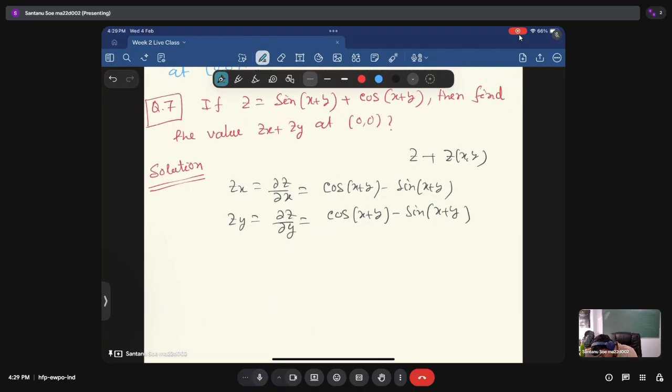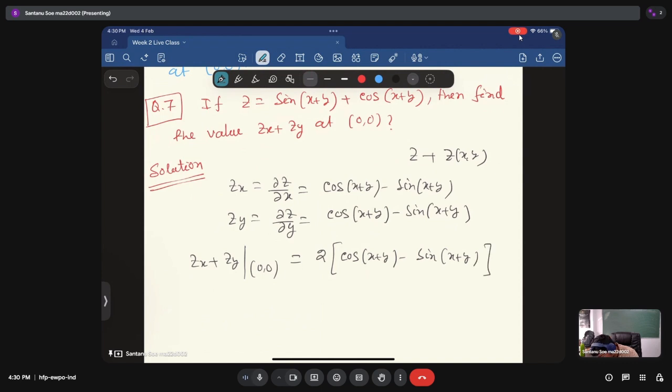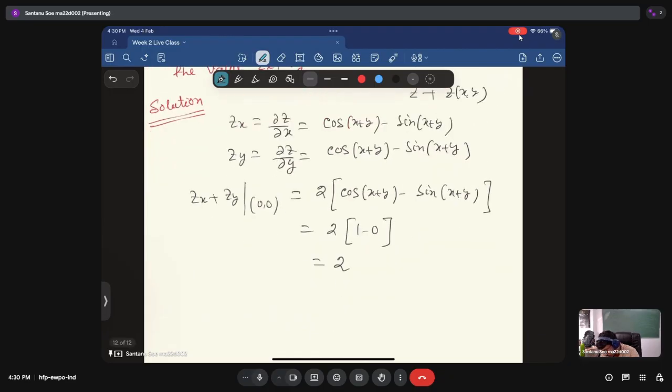Okay. So z_x plus z_y at (0, 0) will be 2 times cos of (x plus y) minus sine of (x plus y), and this will be nothing but 2 times (1 minus 0), which is 2.